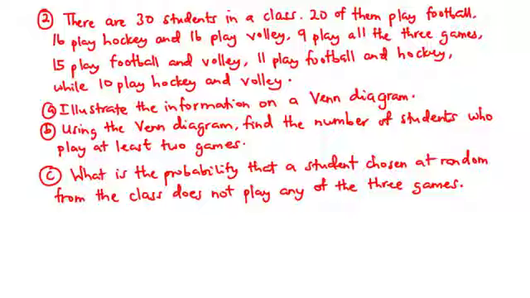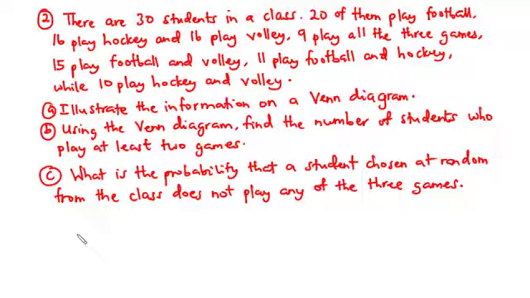A. Illustrate this information on a Venn diagram. B. Using the Venn diagram, find the number of students who play at least 2 games. And C. What is the probability that a student chosen at random from the class does not play any of the 3 games? So let's write down the information we gather from the question.